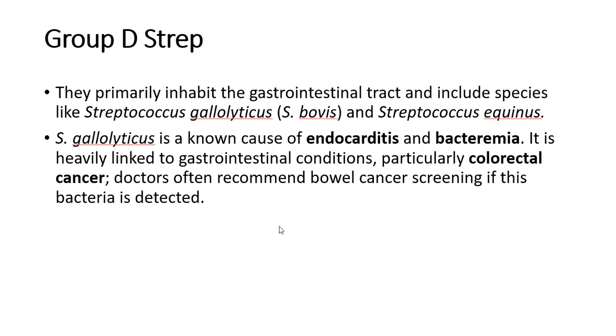It is heavily linked to gastrointestinal problems, particularly colorectal cancer. So doctors often recommend bowel cancer screening if this bacteria is detected. So if you get a gastrointestinal problem and you get a stool culture and we grow this out, then the doctors often recommend that you need to get a cancer screen because of this.